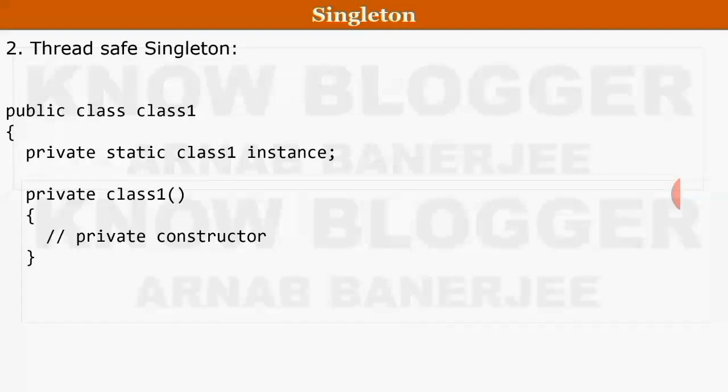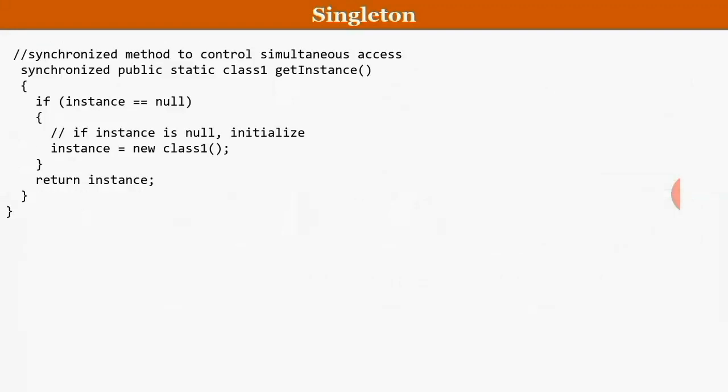So now you can see the code. We have the class 1 class, and the instance is the variable, which is private static, and the private constructor. We know why we are using the private constructor, because we don't want it to be accessed from the outsider classes. And we have the getInstance method, which is synchronized. So now one thread will be able to get access at a time.